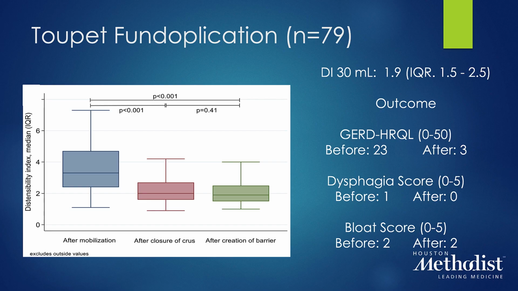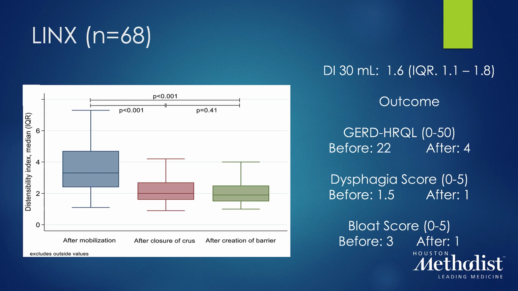For toupe fundoplication, the median DI at the end of the case was 1.9 with an interquartile range from 1.5 to 2.5. This was associated with significant improvement in GERD with no significant dysphagia at 1 month follow-up. For LINX patients, the median DI was 1.6 with an interquartile range from 1.1 to 1.8. This was associated with significant improvement in GERD without significant dysphagia.